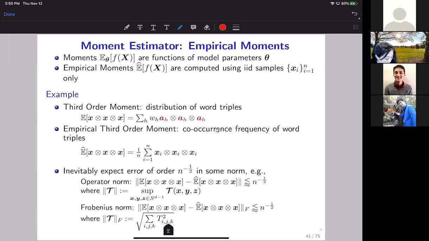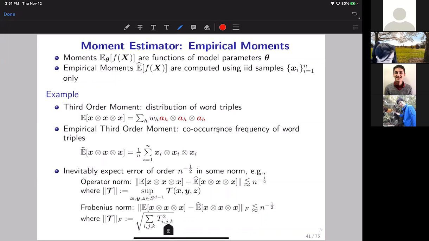For example, if you're looking at the operator norm, then the operator norm between the expectation of x tensor x tensor x minus the estimated expectation will be upper bounded by something of the order n to the power minus half, right?